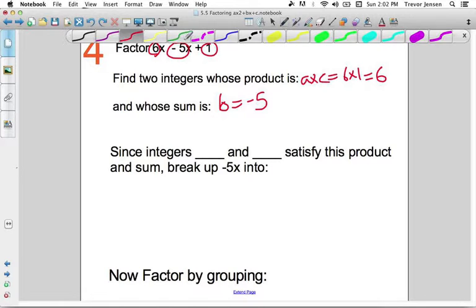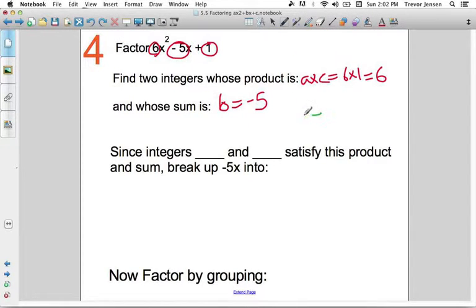So what two numbers multiply to give 6 and add to give negative 5? The two numbers that do that are negative 2 and negative 3. Negative 2 times negative 3 is 6. Negative 2 plus negative 3 is negative 5.